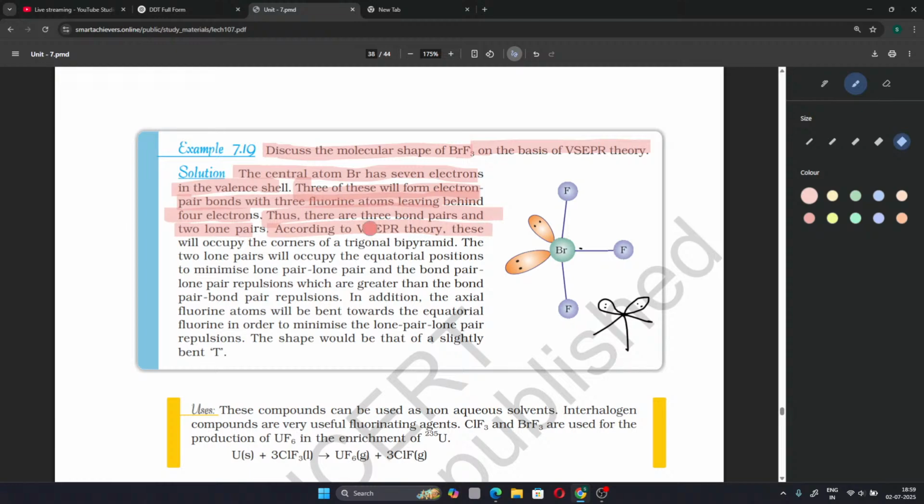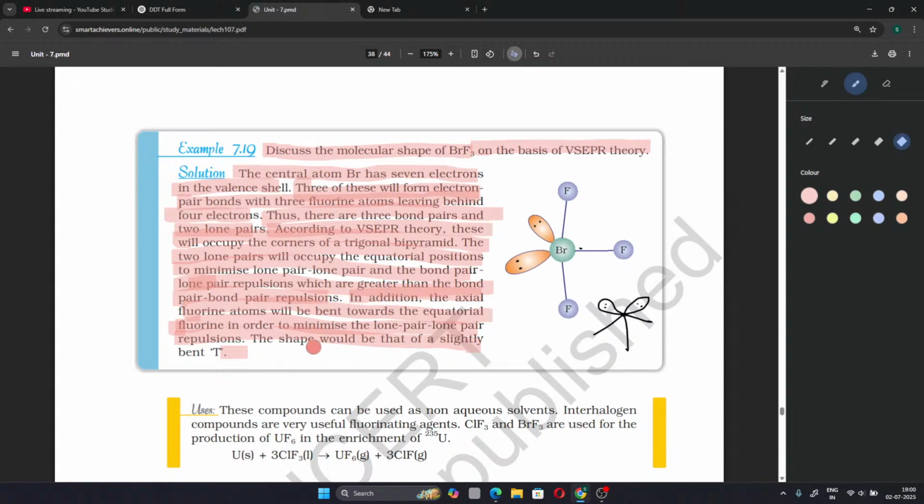According to VSEPR theory, these will occupy the corners of a trigonal bipyramid. The 2 lone pairs will occupy the equatorial positions to minimize lone pair-lone pair and bond pair-lone pair repulsions, which are greater than bond pair-bond pair repulsions. In addition, the axial fluorine atoms will be bent towards the equatorial fluorine in order to minimize the lone pair repulsions.